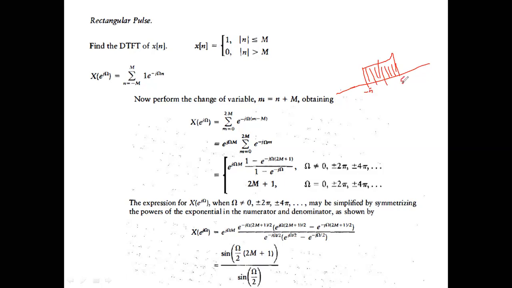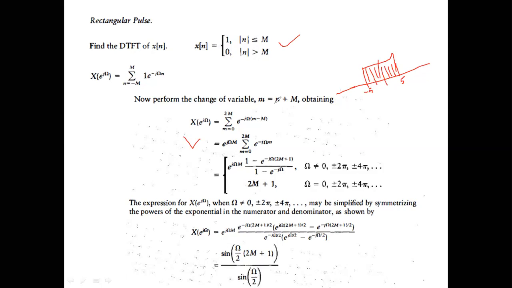So we want to find the discrete time Fourier transform. Definitely a periodic signal, right? So what will we substitute here? 1 for magnitude from minus m to plus m. We'll substitute in the formula.